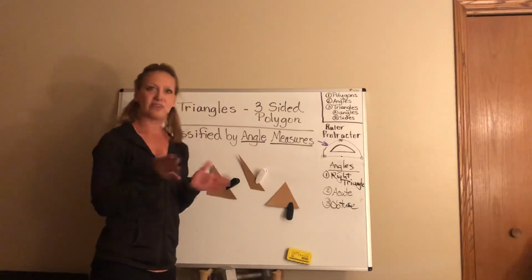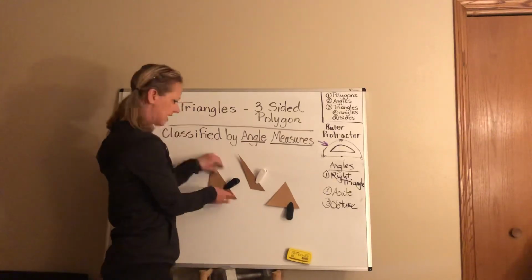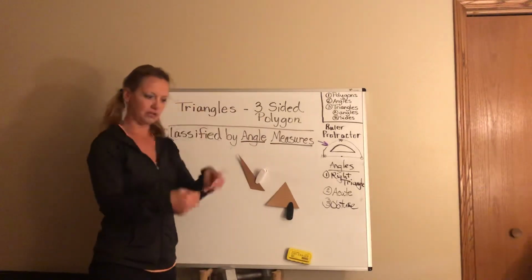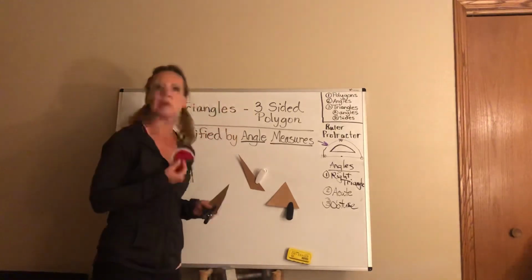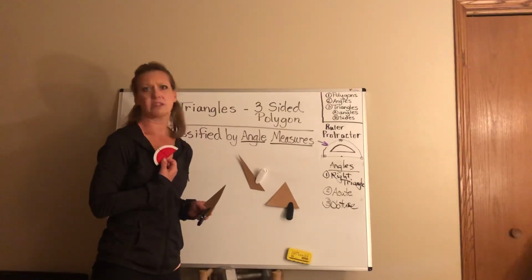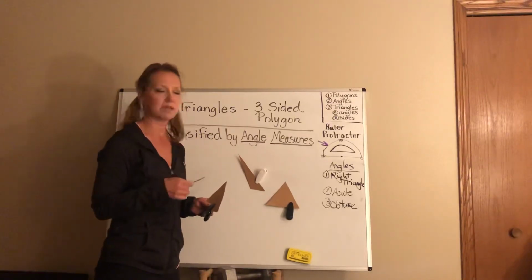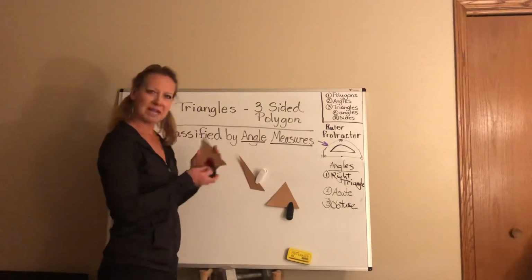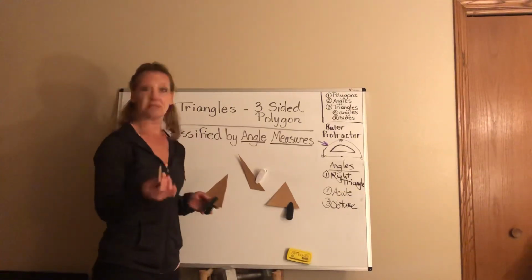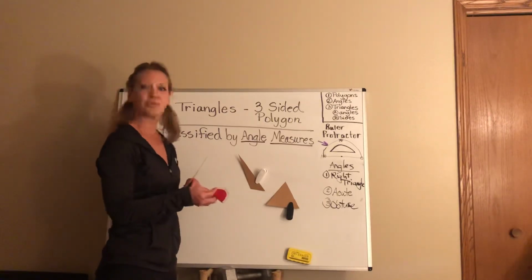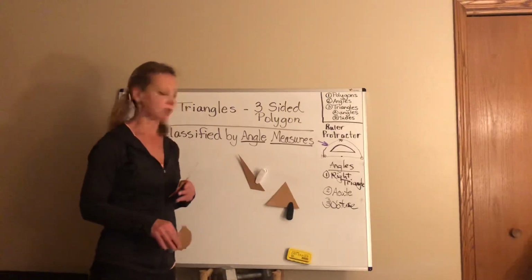I would encourage you, if you can, be able to handle the triangles like I have the actual triangles where I can turn them around and I can move them around, because there are certain ways that I like to use my protractor, probably because I'm right-handed, probably because it's a habit of using my protractor, but I like my angles to be facing a certain direction. But with a protractor, there are many ways to use it. So you can be a left-handed person and you can read your protractor from the opposite direction. So if you check out a protractor, they're actually pretty interesting tools.